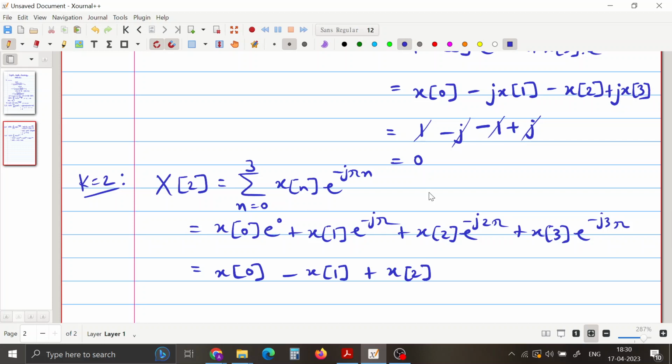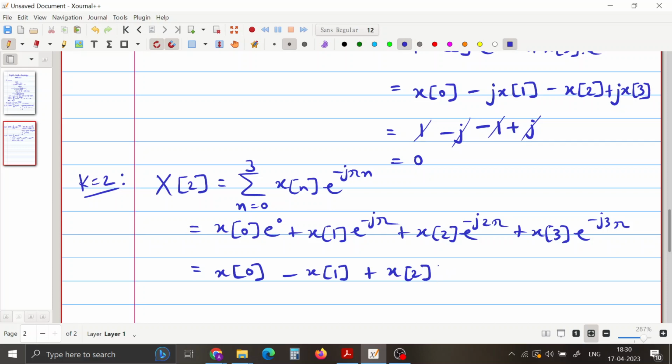Sorry for the interruption, there was a power cut, so let's continue from here. We were calculating this k equals 2 case, the coefficient.